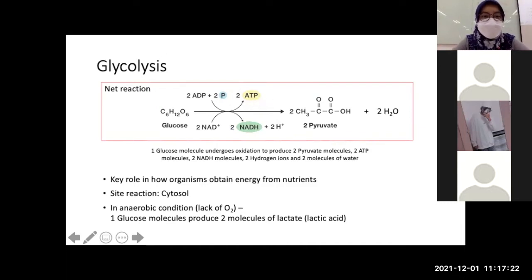So glycolysis is important to generate energy in our body. Starting from 1 glucose, ending with 2 pyruvate and 2 ATP. This process will also yield water, and the site of reaction is the cytosol.